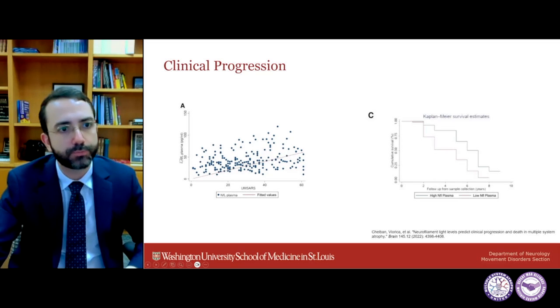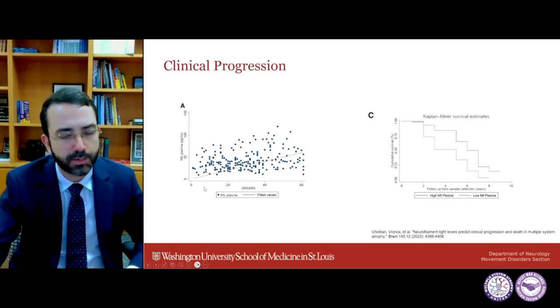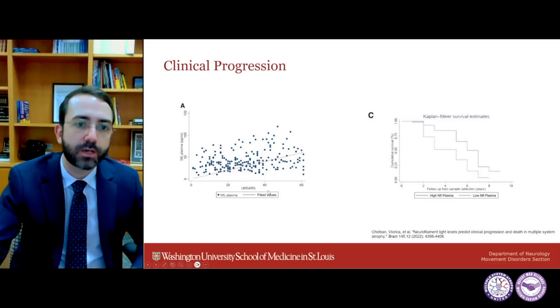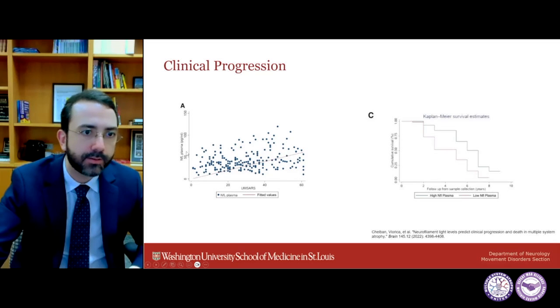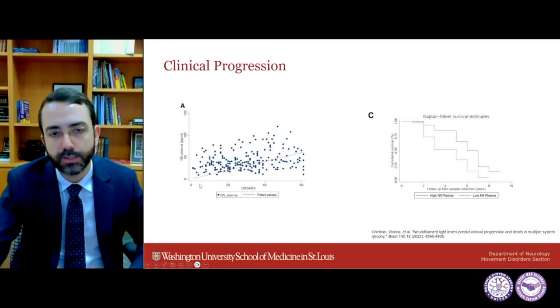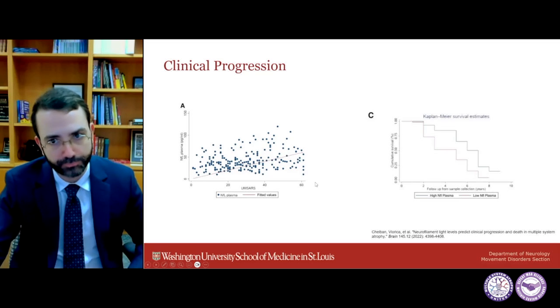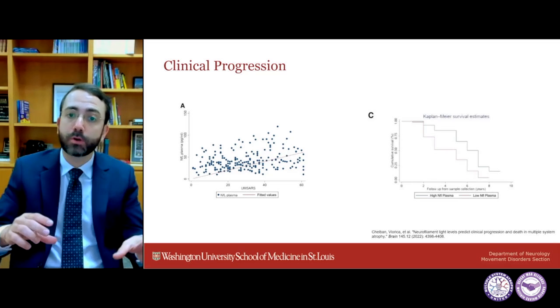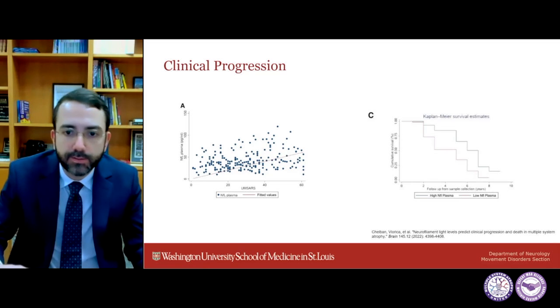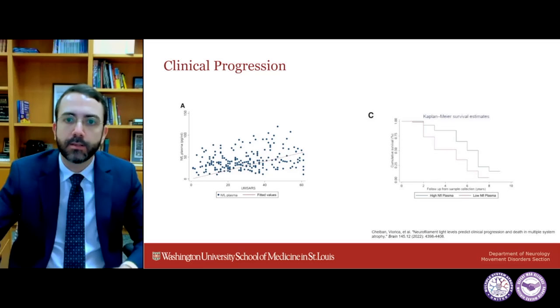And as we can see in the picture, one of the other major findings of the study was the correlation between neurofilament light chain in the plasma and the progression of the disease as measured by the MSA rating scale, meaning patients that are more severe, that have a higher MSA rating scale score, also have a higher neurofilament light chain level in the blood and in the CSF, potentially allowing us to track disease progression by simply measuring the neurofilament light chain.